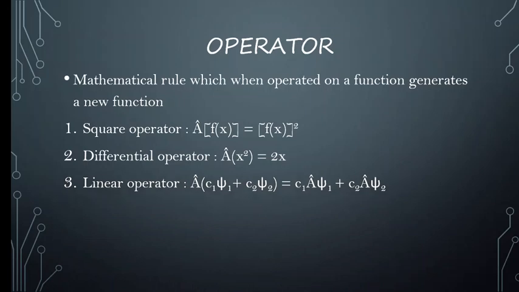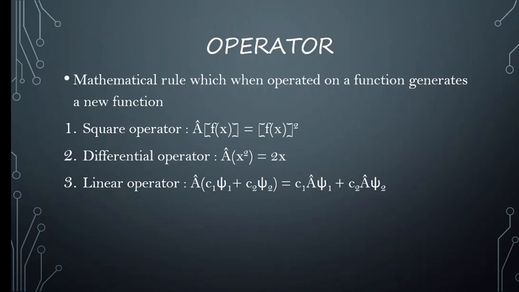Next, let us see the linear operator. Linear means straight away we can understand. A cap is an operator operating on a wave function which is a combination of two wave functions xi1 and xi2 with scalars c1 and c2.